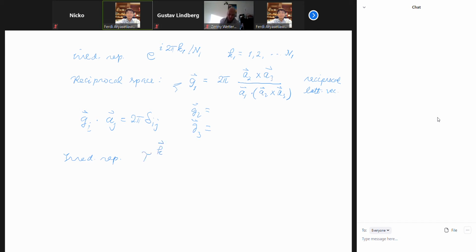It's labeled by this k vector, and T here is an element of the group. So it's equal to exponential of k dot T, like this.